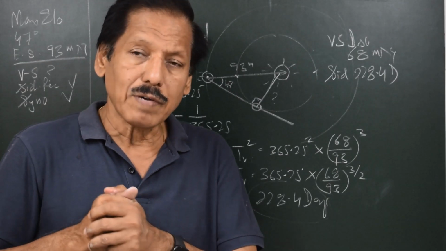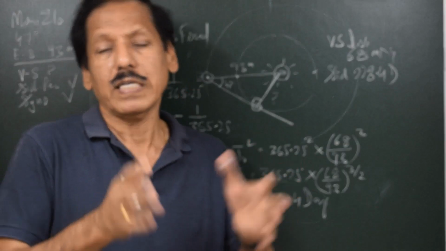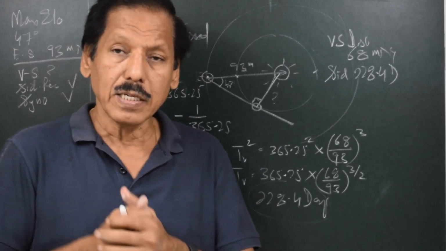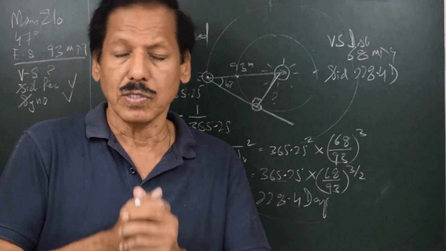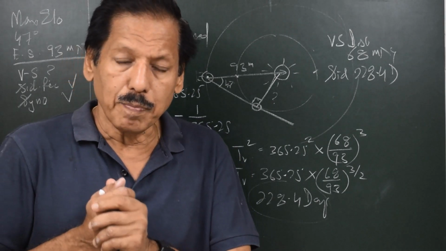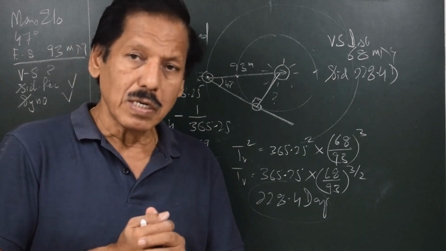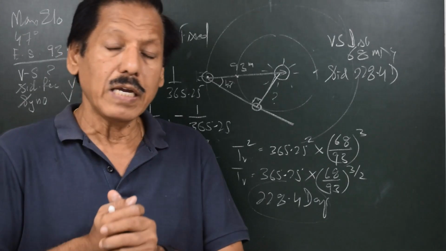So after the superior conjunction, the journey of easterly elongation starts, and this easterly elongation will first increase to reach a maximum of 47 degrees, and eventually the planet will come back to the original 0 elongation of inferior conjunction.